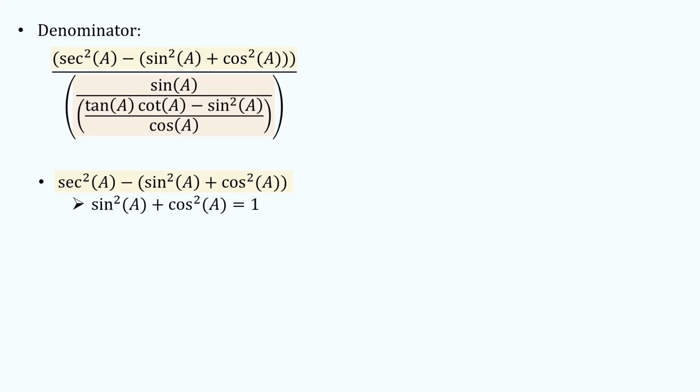Therefore, substituting this expression by 1 would result in the square of the secant of A minus 1. Again, we are going to remember the Pythagorean identity of this expression, which states that the square of the secant of A minus 1 is equal to the square of the tangent of A. Therefore, we can conclude now that the yellow strip is equal to the square of the tangent of A.